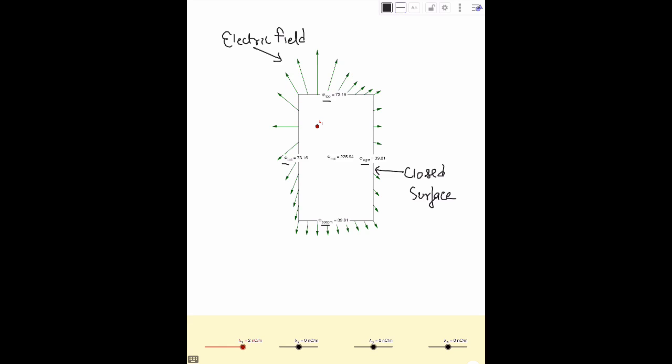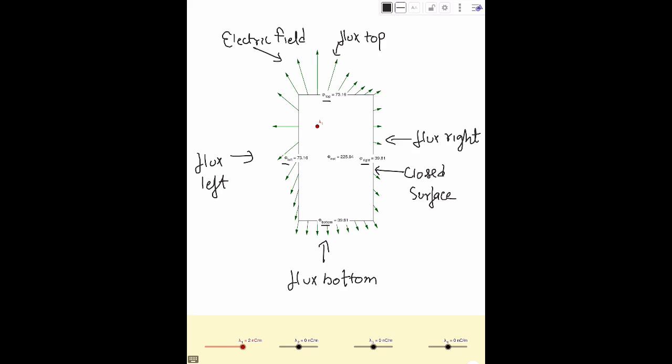The electric field is coming out from the top, from the left, from the bottom, and from the right. Whenever electric field comes out through a surface, you have flux attached to it. So here is the flux from the top part, here is the flux from the left part, here is the flux from the bottom part, and here is the flux from the right part.